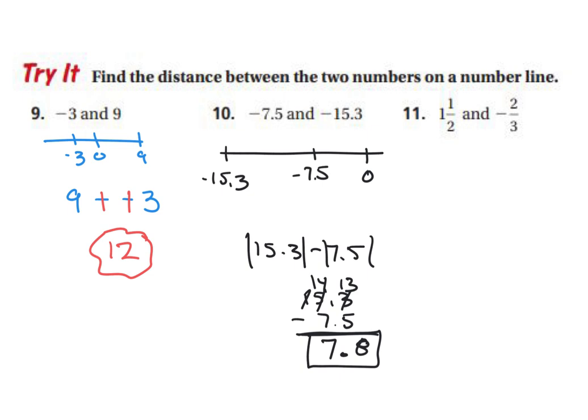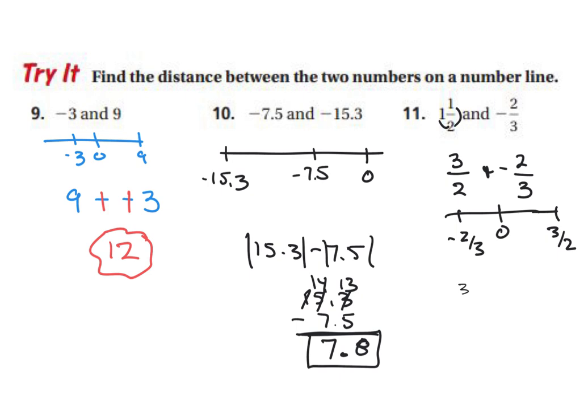And for number 11, let's first of all change this into an improper fraction. 1 times 2 is 2, plus 1 is 3. So we have 3 halves and negative 2 thirds. Those are going to be on different sides of 0, with negative 2 thirds being to the left and 3 halves being to the right.